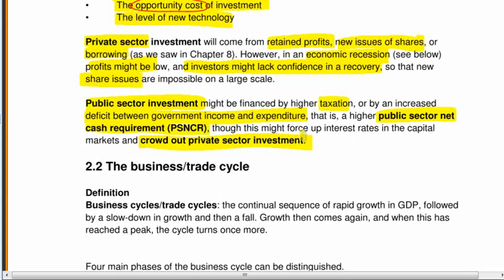The logic is that the government borrows more money, that drives interest rates up, and that makes it more difficult for the private sector to borrow money. So it's worth being aware of this expression, crowding out, that the government, probably with the best of intentions, inadvertently makes life more difficult for the private sector.